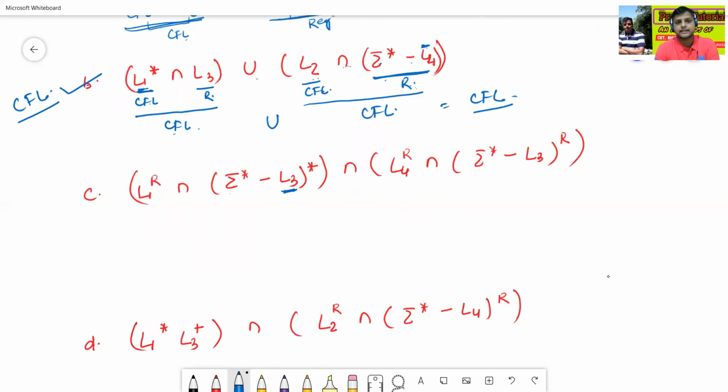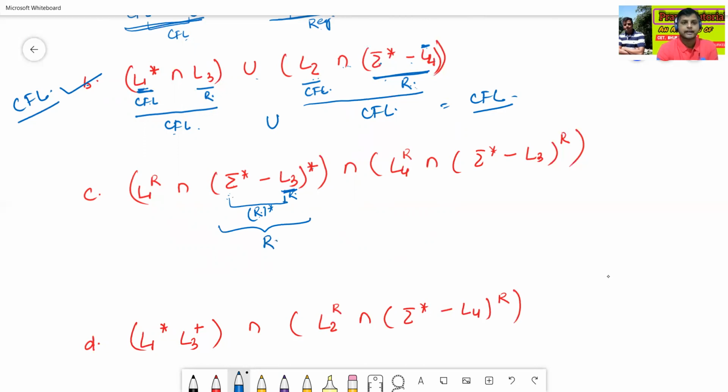Sigma star minus L3 means complement. The complement of regular is always regular. And the Kleene closure of regular is always regular. So this entire part is regular.